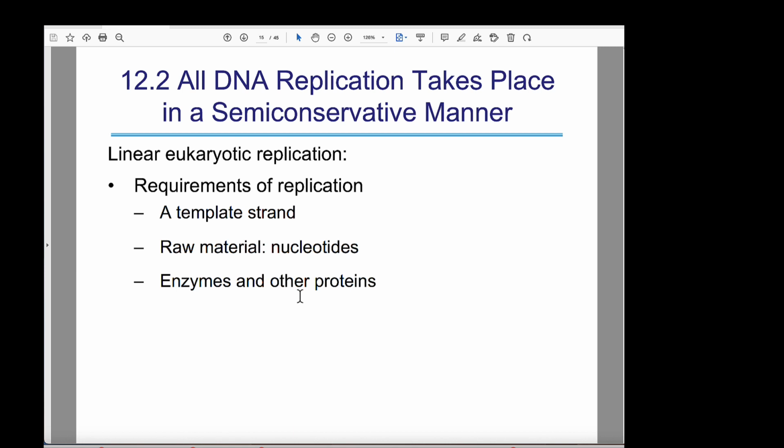You need raw materials. Those raw materials are nucleotides, because if you're creating a new strand, you need the materials to create that new strand. DNA is composed of nucleotides. And then, to carry out the enzymatic functions of this process, because it is an enzymatic reaction, you need enzymes and other proteins to help carry this process out.